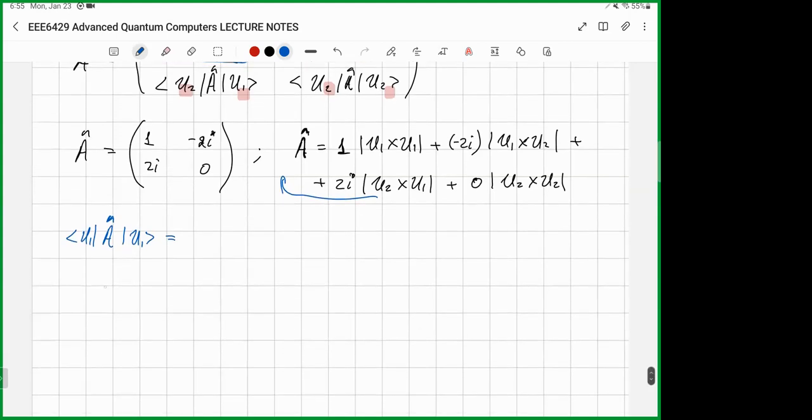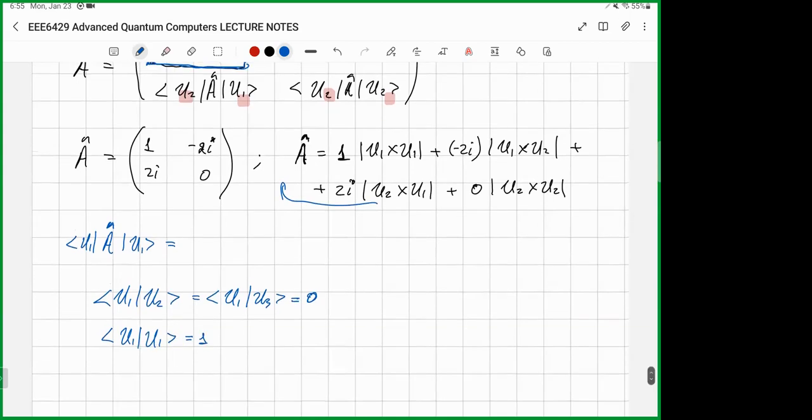And I know that everything like u1 u2, u1 u3, all this is equal to 0, and u1 u1 is equal to 1. So let me multiply this. So I get u1, then this first term here, which is 1, then u1 u1, and u1 on the right side.